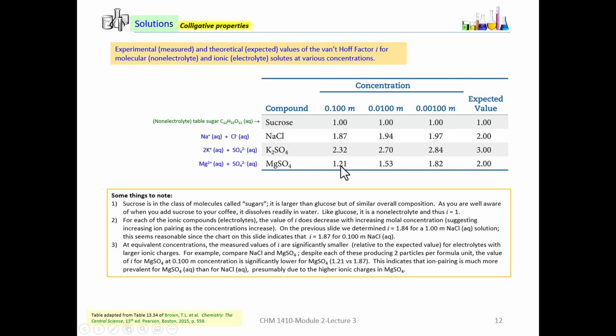But the value of i for magnesium sulfate is really diminished compared to sodium chloride, probably because magnesium sulfate solutions have a lot more ion pairing going on because their ions have higher charges. So they're attracted to each other more forcefully than sodium and chloride ions. So the tendency of these to ion pair is much higher in solution, resulting in much lower values of i at similar concentrations.